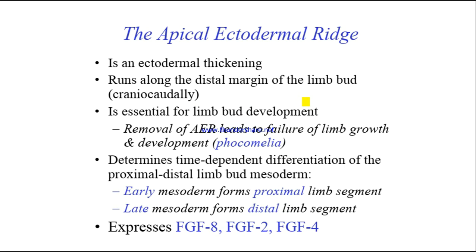It determines time-dependent differentiation of the proximal-distal limb bud mesoderm: the early mesoderm forms the proximal limb segment, and the late mesoderm forms the distal limb segment. It expresses FGF8, FGF2, FGF4.